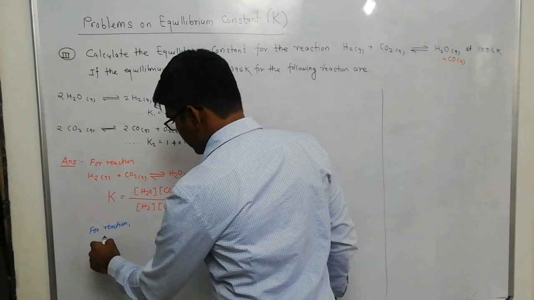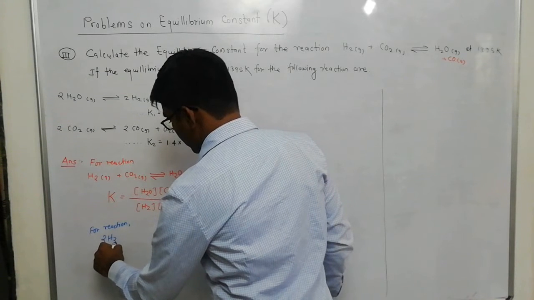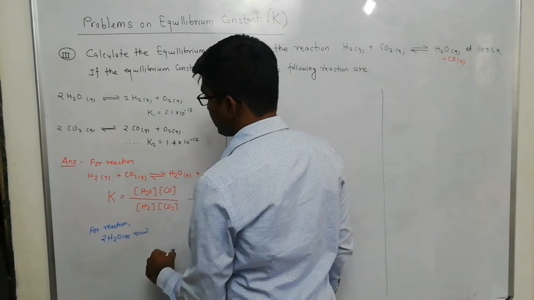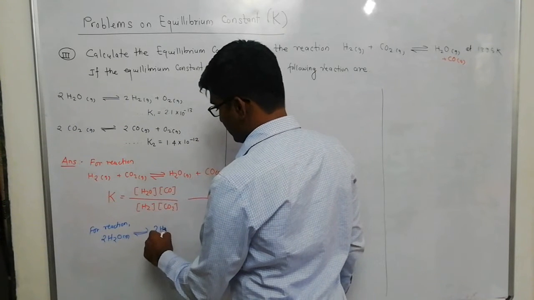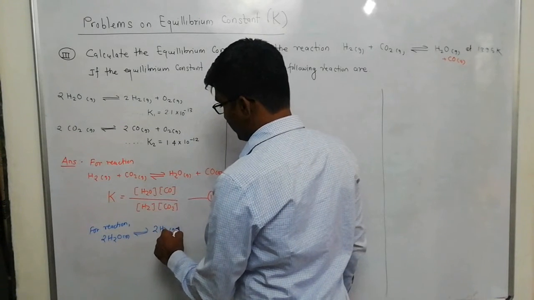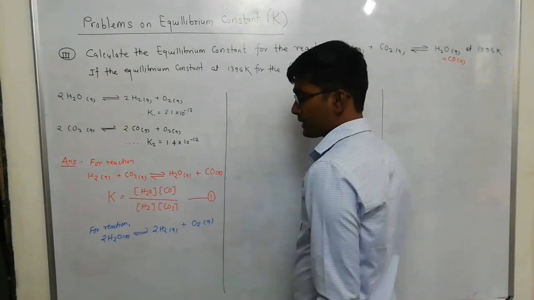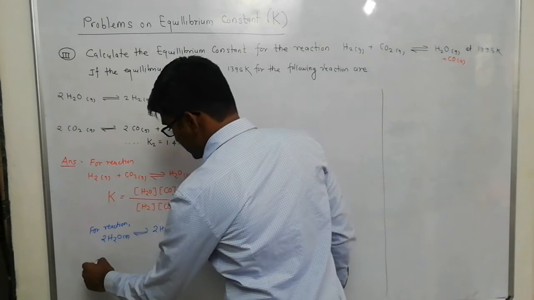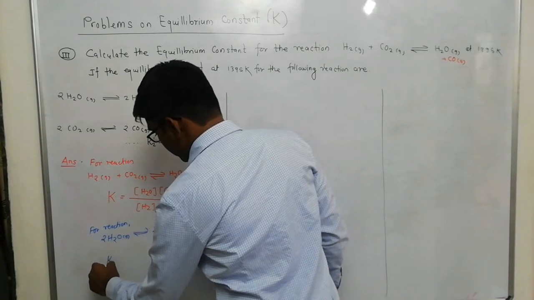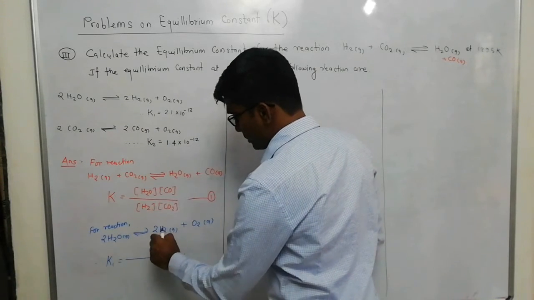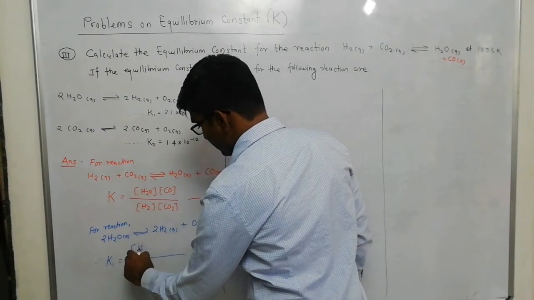This reaction: 2 molecules of water in equilibrium with 2 molecules of hydrogen and 1 molecule of oxygen gas. The equilibrium constant therefore for this, K1, is equal to concentration of product divided by concentration of the reactant.